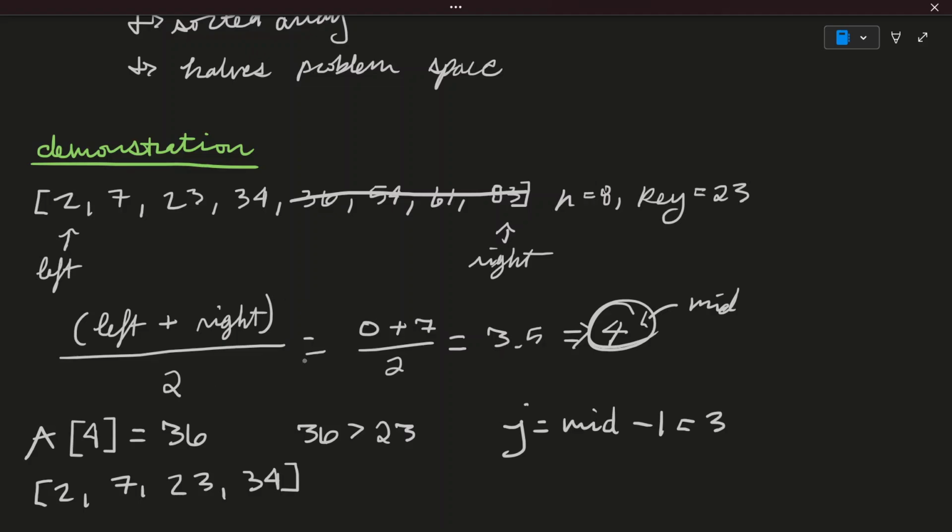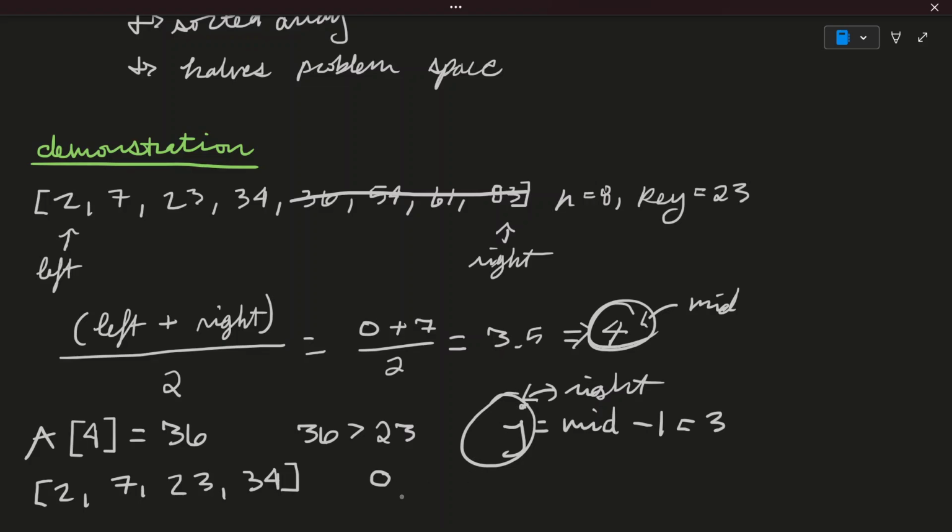And we keep up this process until we find our key. So we calculate a new midpoint. Our left, oh, j, that's also a right pointer. You can call it how you want. This is just what it's called in the code I have.